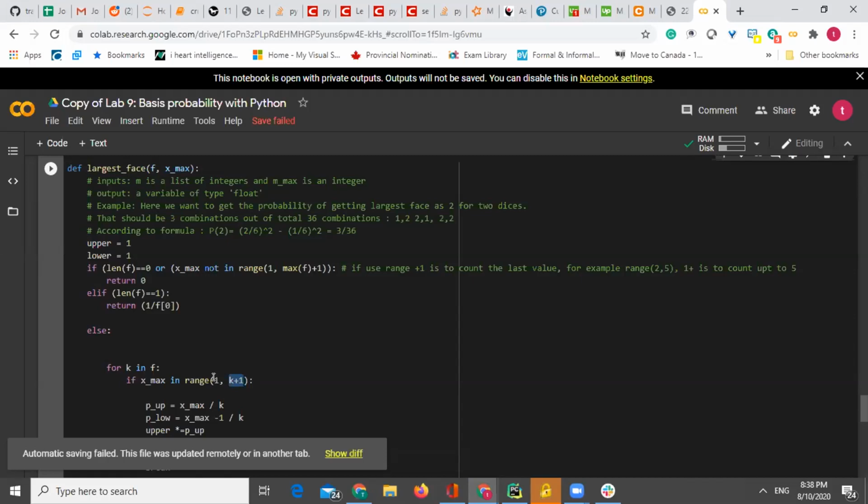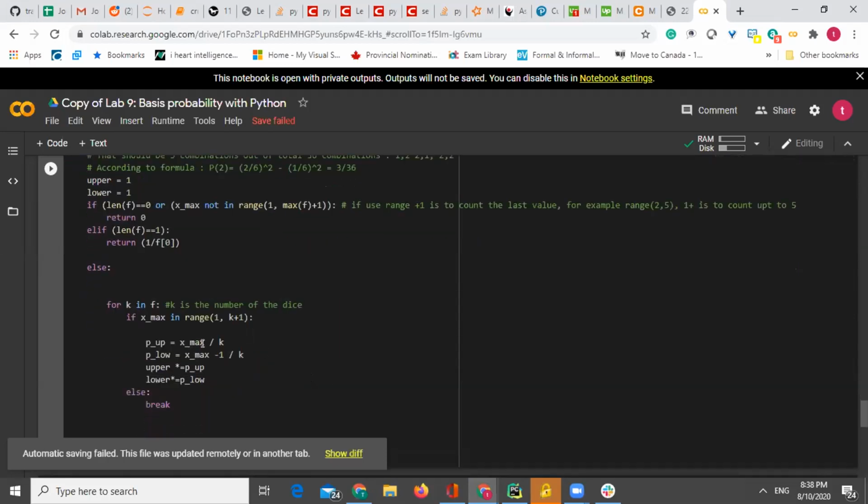I see. The number of faces of the dice. Okay, I got this. And P up is x max.